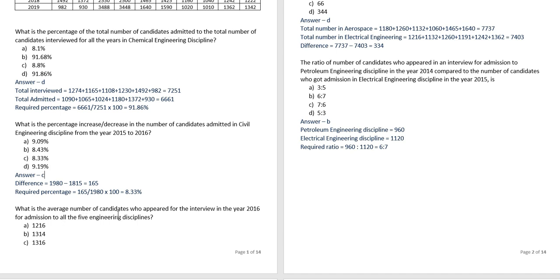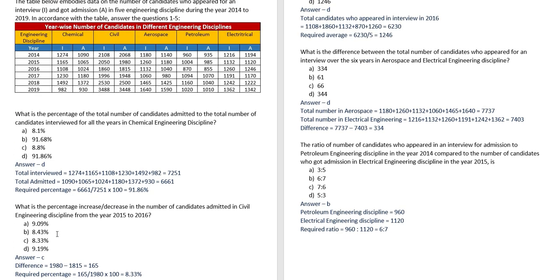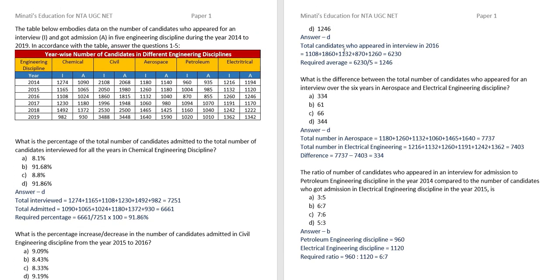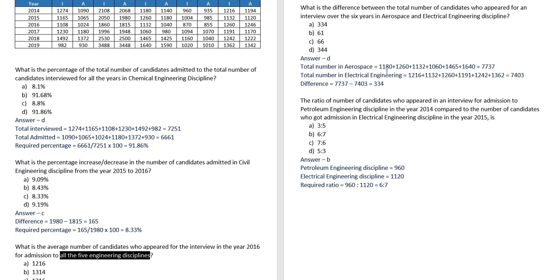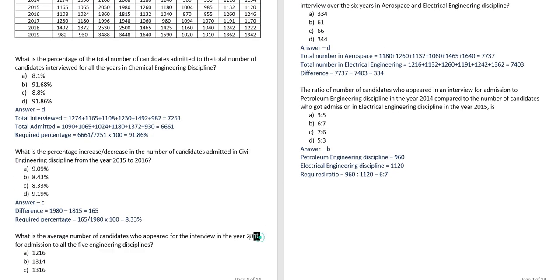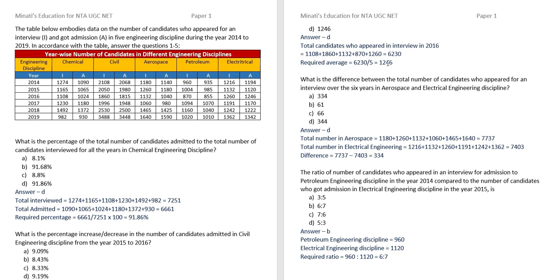Come to the next question. What is the average number of candidates who appeared for the interview in the year 2016 for admission to all the 5 engineering disciplines? The 4 options are 1216, 1314, 1316 and option D 1246. How to calculate? They are telling you the year, 2016, in all the engineering disciplines.